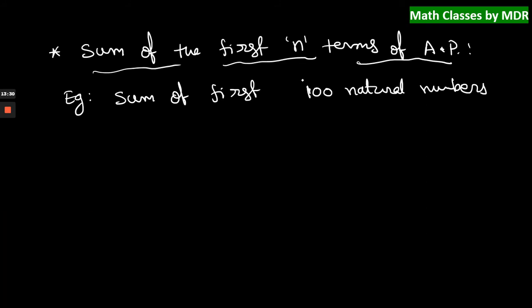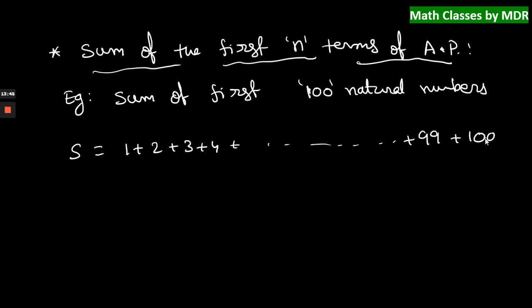So let us say the sum of the first 100 natural numbers is S, where S is equal to 1 plus 2 plus 3 plus 4 plus 5 plus 6 plus 7 plus 8 and so on, plus 98 plus 99 plus 100. Now, can I write the same sum in the reverse direction?